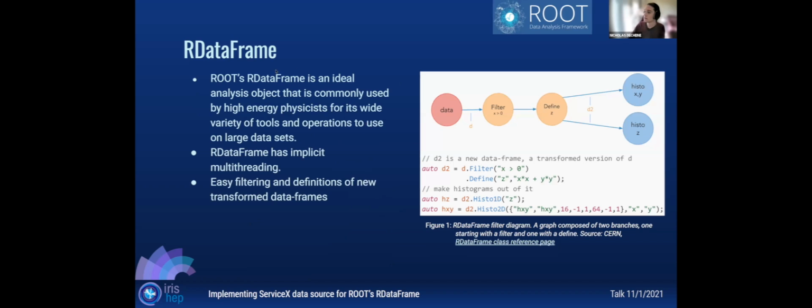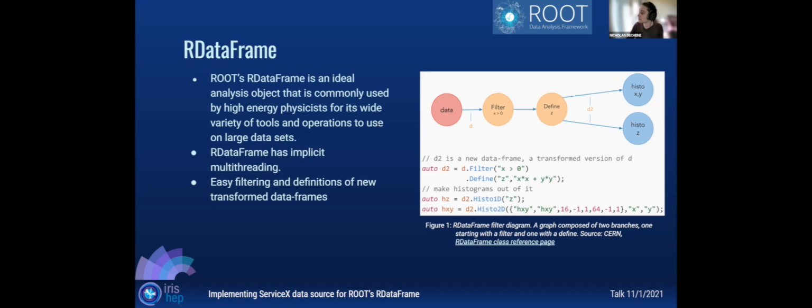And so an RDataFrame belongs to ROOT, and it's an ideal analysis object. It's used a lot by high energy physicists working on large data sets, and it hosts a wide range of operations to make complicated analysis simpler in code.